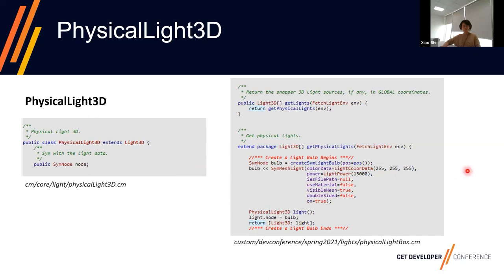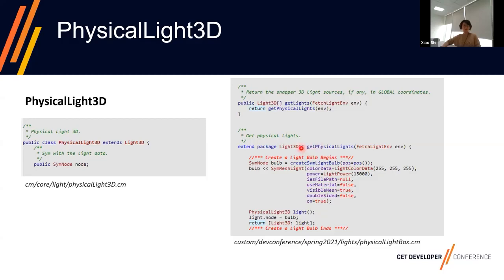How are we going to write that? Simply enough, you still need to write something in the get lights, but instead of the Omni light or Spotlight 3D that we just mentioned, you will create something called physical light 3D.